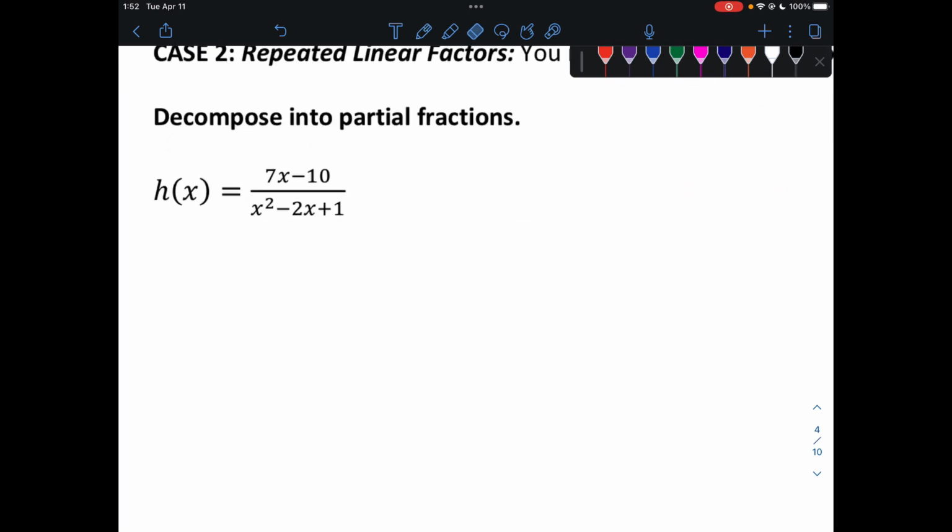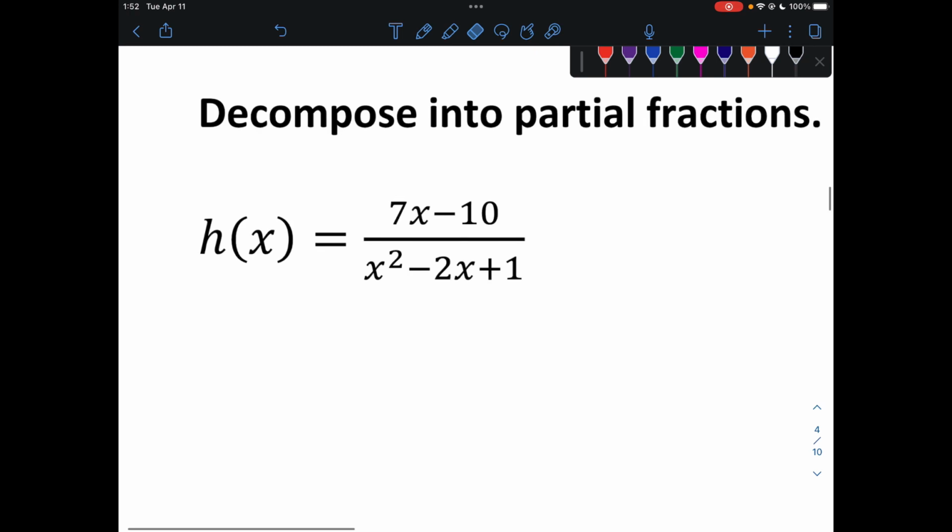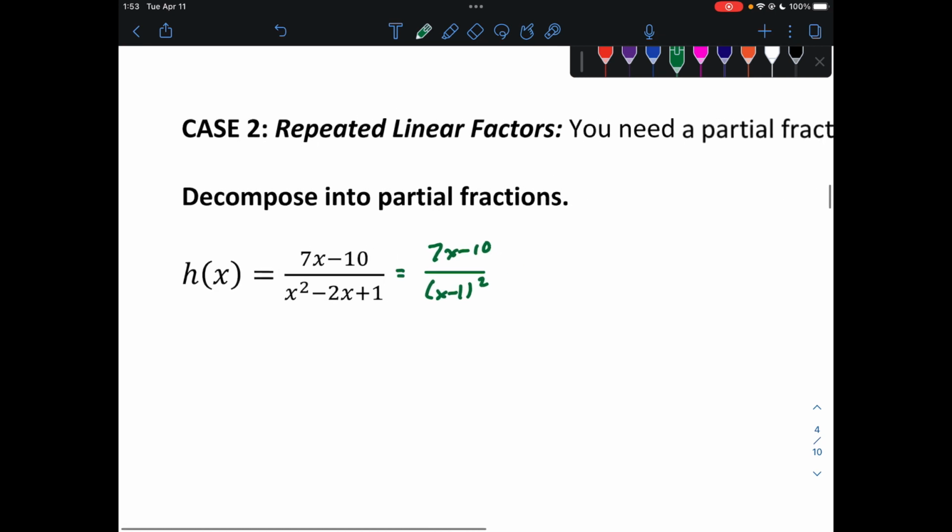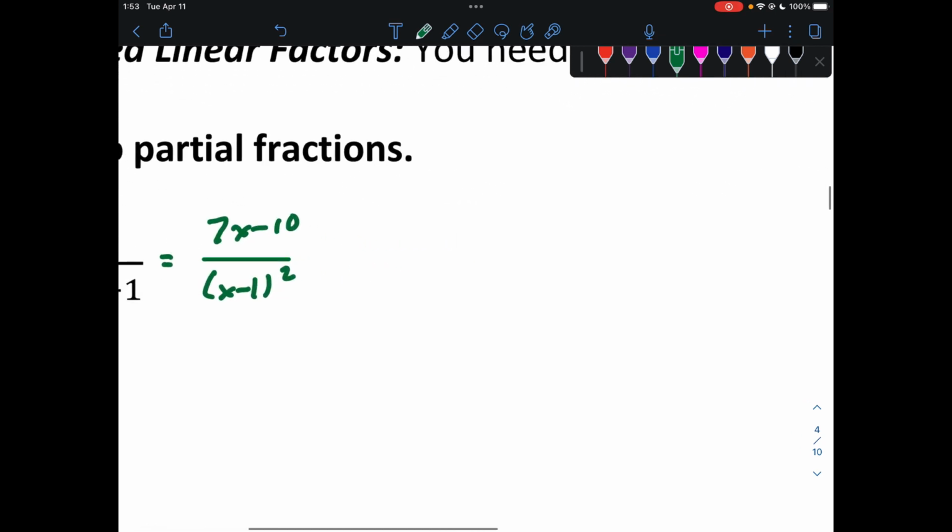Right now, we don't have a factor that's higher than 1, but let's take a look at what happens if we factor the denominator. This would factor to x minus 1 times x minus 1, or x minus 1 squared. If that's the case, you're going to set up partial fractions like this.